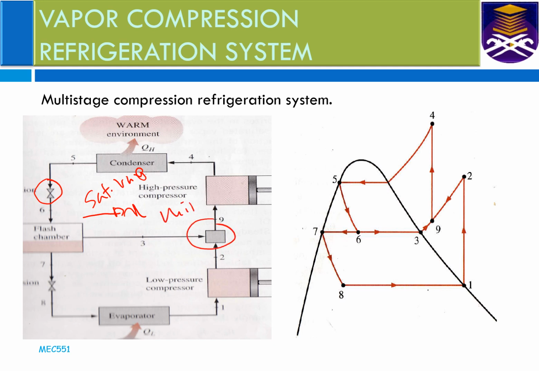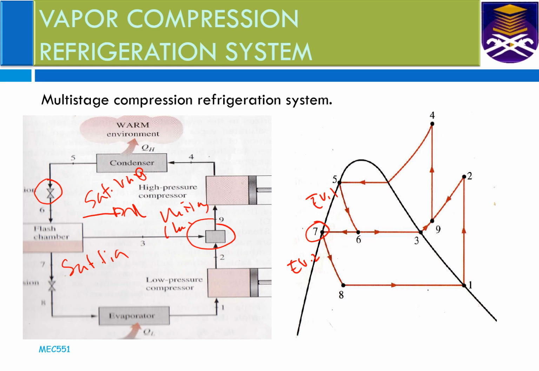So this is a mixing chamber. Then the part which is saturated liquid will be expanded in the second expansion valve. So this is EV1 and this is EV2.